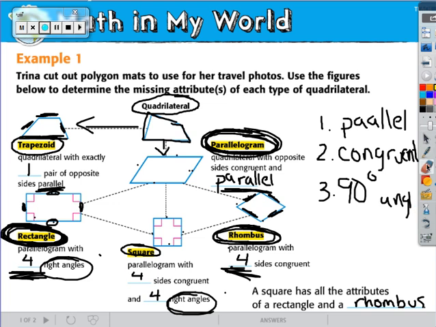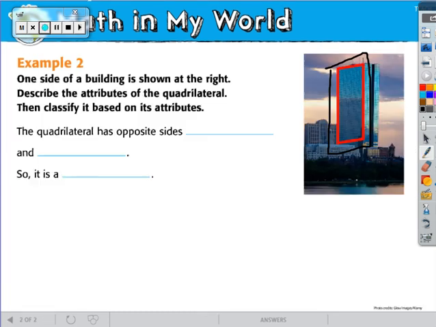Okay. So those are our 3 things that we're going to be looking for. So our first thing, the quadrilateral has opposite sides that are what? Are they parallel? The top is parallel with the bottom and the left is parallel with the right? Yes. So they are parallel.